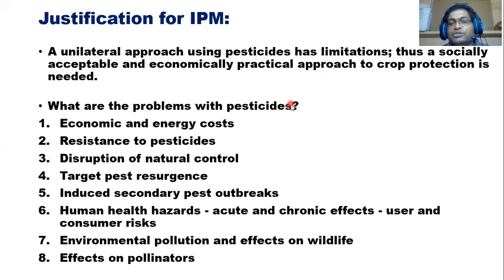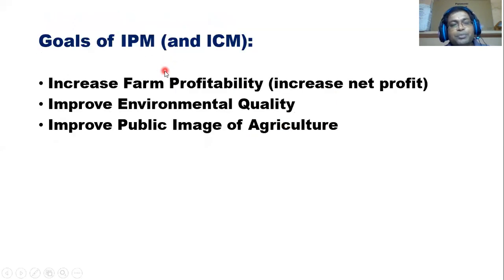You should first understand why we are going for integrated pest management: because of these limitations. If we consider chemicals only, then we would not go for IPM. The goal of our IPM is to increase farm profitability. So our aim is that our farm should get maximum profit. The environment should be of good quality, because if you are applying chemicals, the environment suffers, and if you are applying pesticide, the initial cost is high.